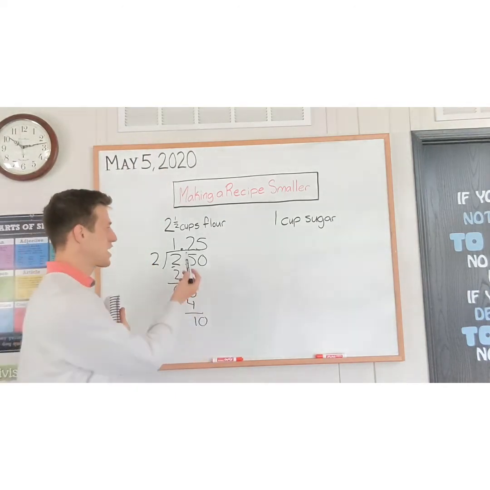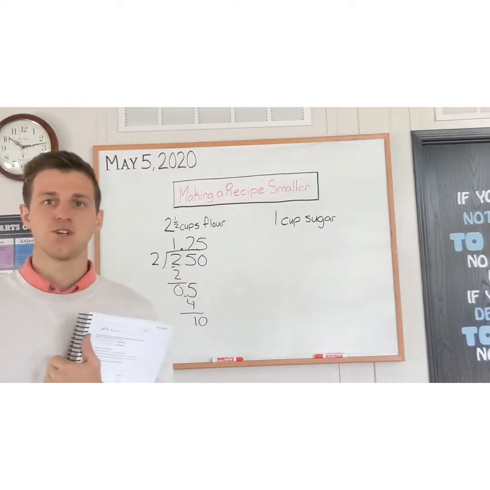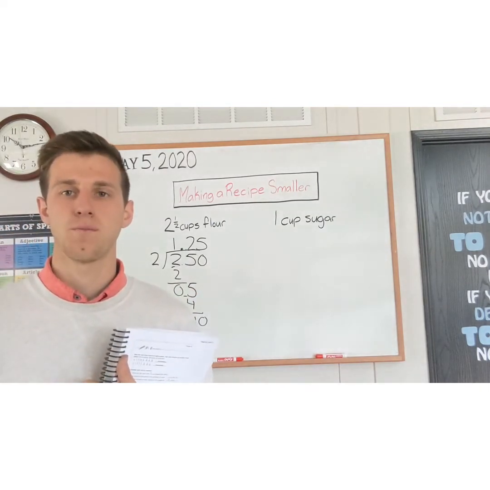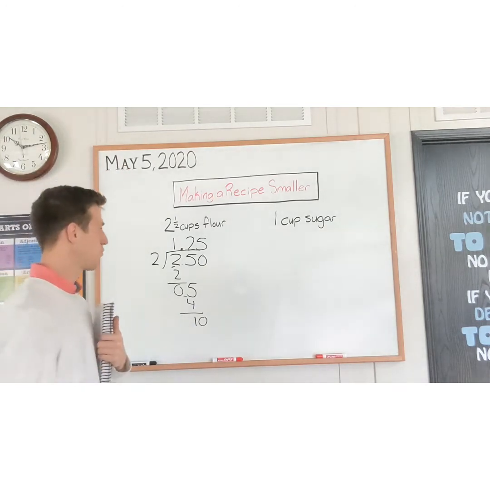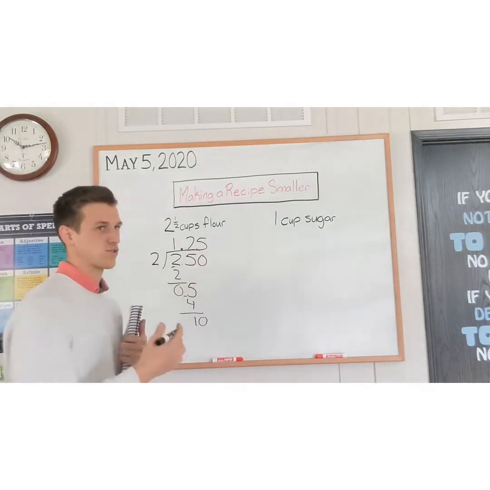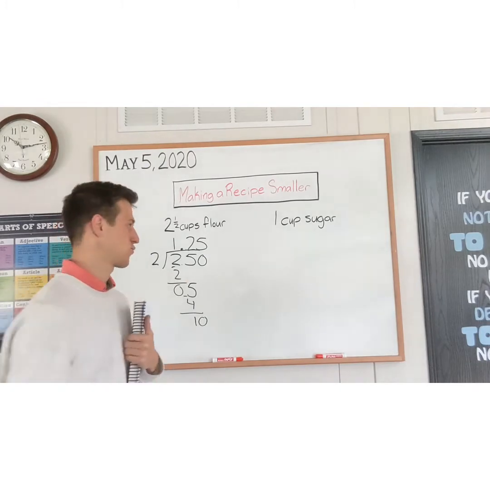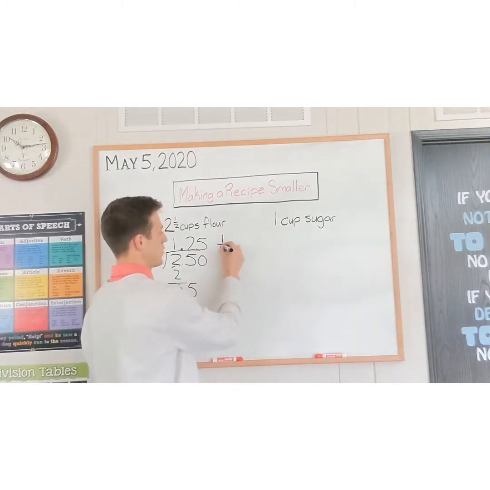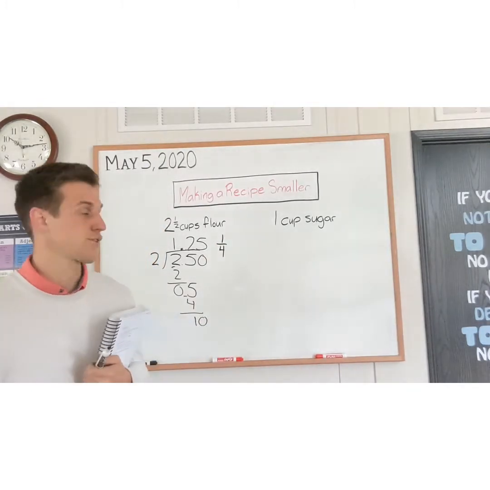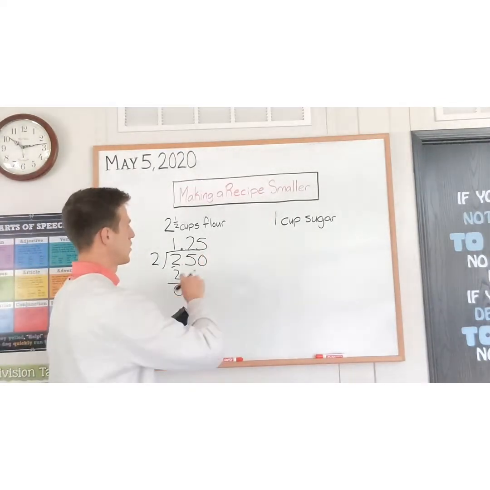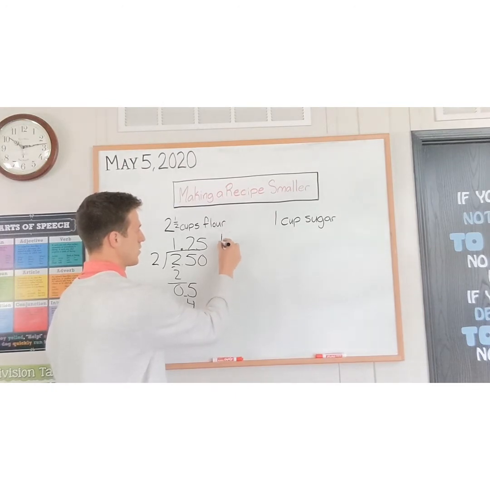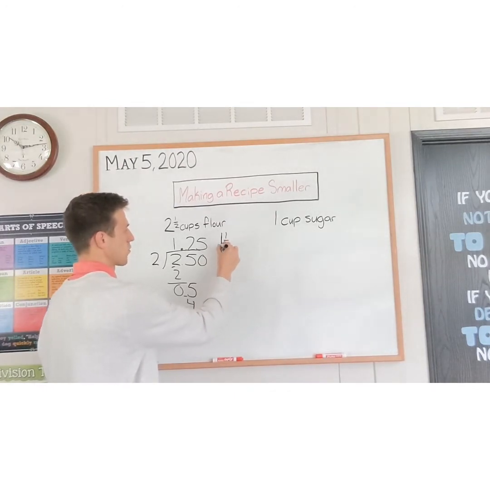So what would we change our 0.25 to in fraction form? We would change it to 1 and 1/4, right? Because the equivalent of .25 in fraction form would be 1/4, all right? So our answer for this using dividing by 2 would be 1 and 1/4, all right?